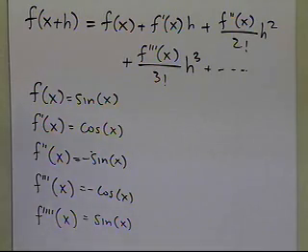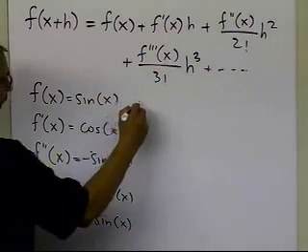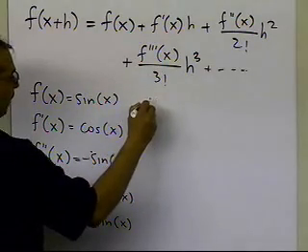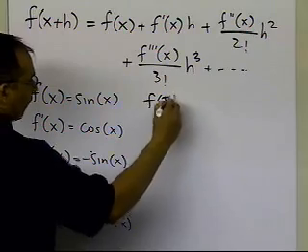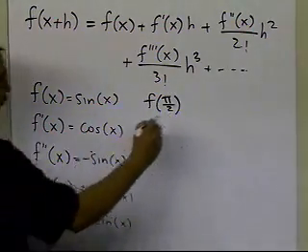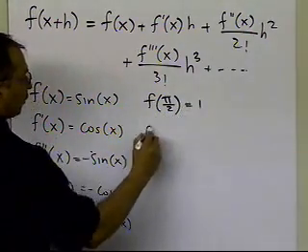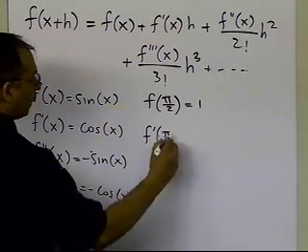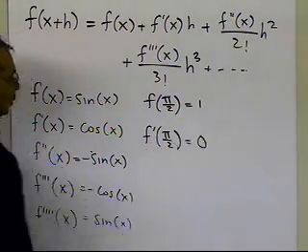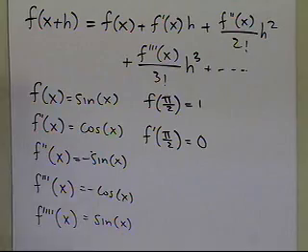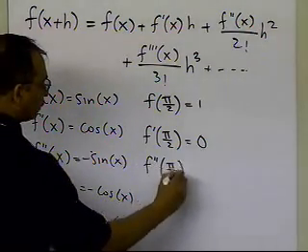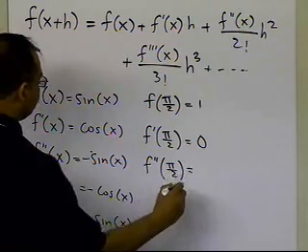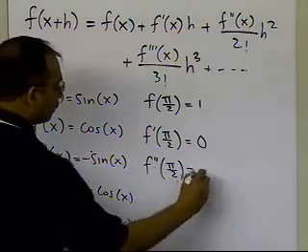Now, since I'm choosing x to be pi by 2, the value of the function itself at pi by 2 is 1. The value of the first derivative at pi by 2 is 0, because cos of pi by 2 is 0. The value of the second derivative at pi by 2 is minus 1.